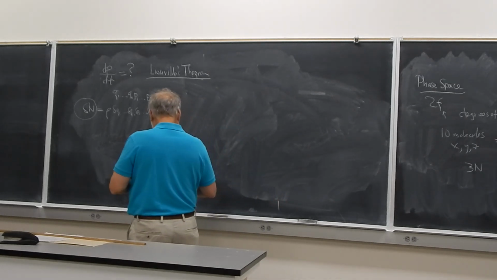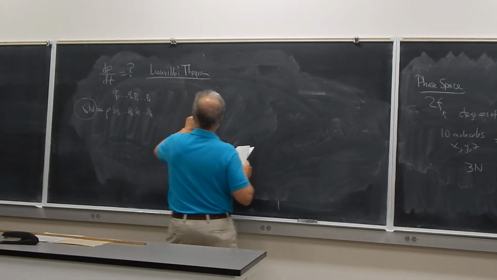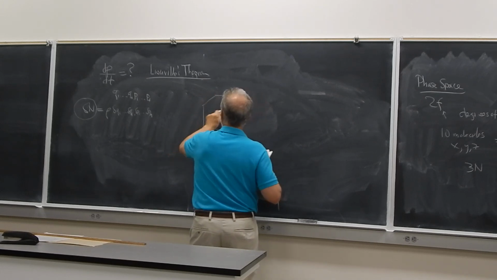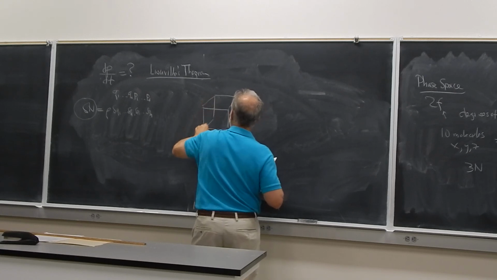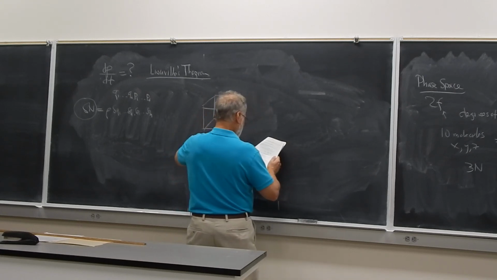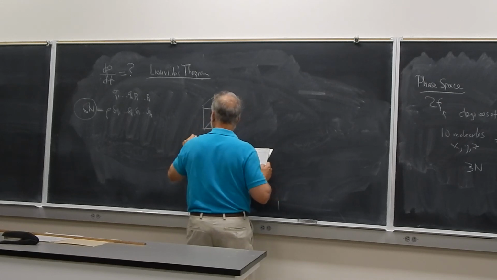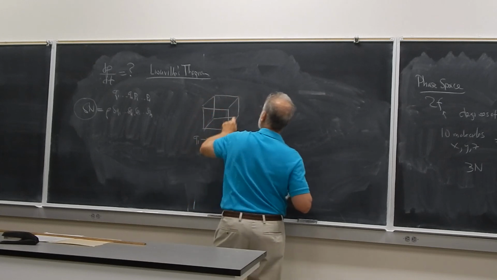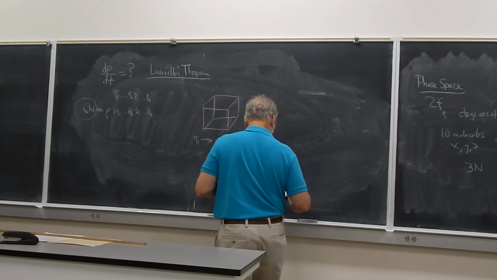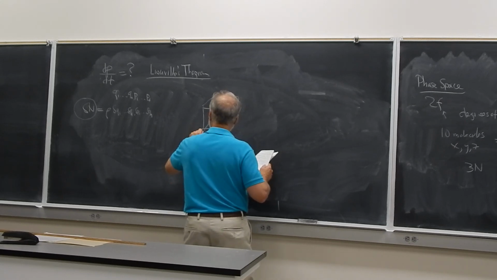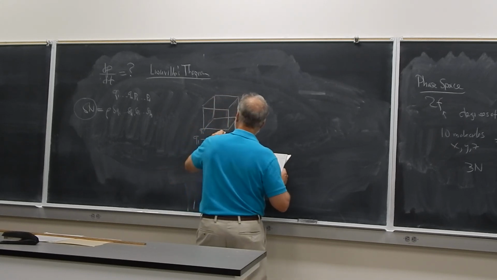So what we might want to do is take a more concrete explanation. So suppose we have two faces perpendicular to the q1 direction. So here's the q1 direction, and we have two faces that are perpendicular to the q1 direction. And so we have one located at q1 and one located at q1 plus delta q1.